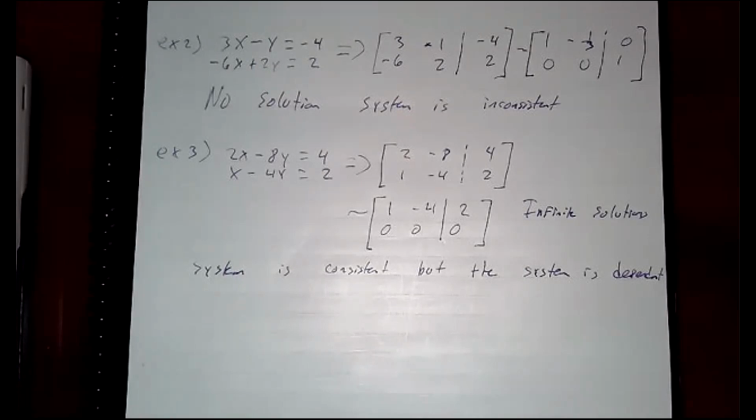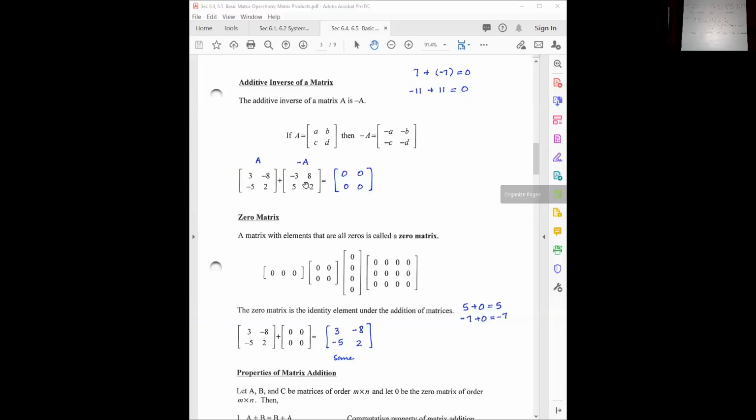There's some more concepts. There's more definitions. So if they ask for an additive inverse, that just means the negative version. For example, 7 and -7 are additive inverses of each other. -11 and 11 are additive inverses of each other. So A, B, C, D, right? You just switch the signs.